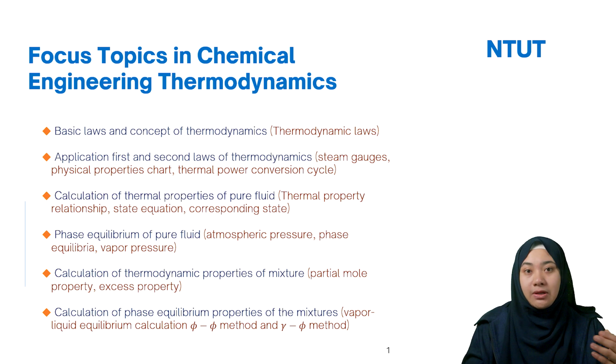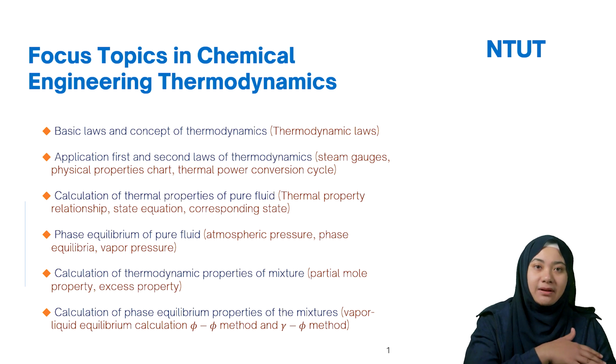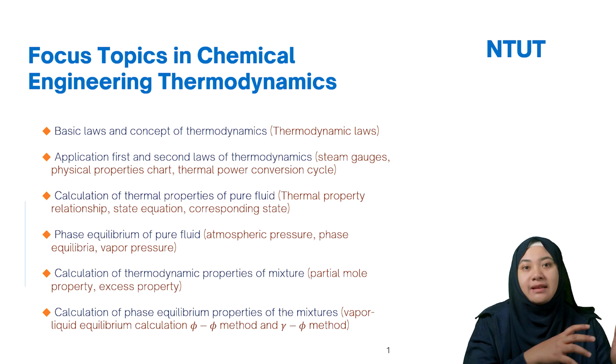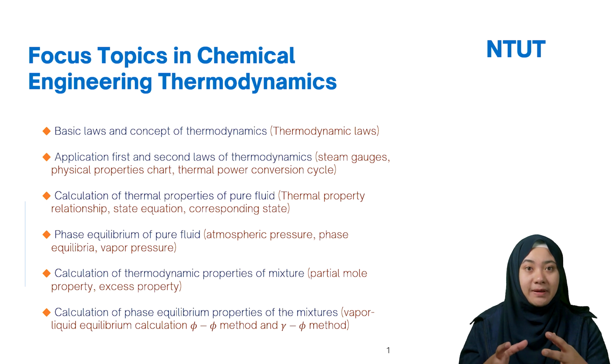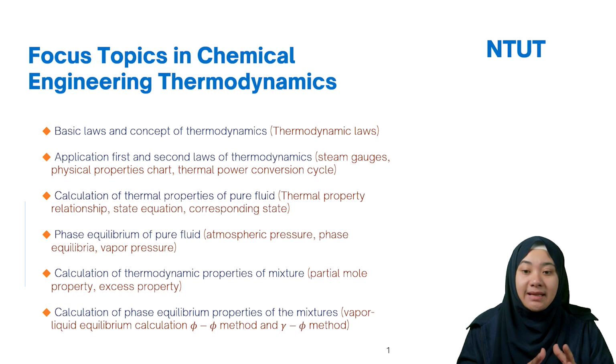For example, the reduced temperature and reduced pressure for argon are similar to helium, so you can use argon properties to represent the helium properties. So this is what we call corresponding states.